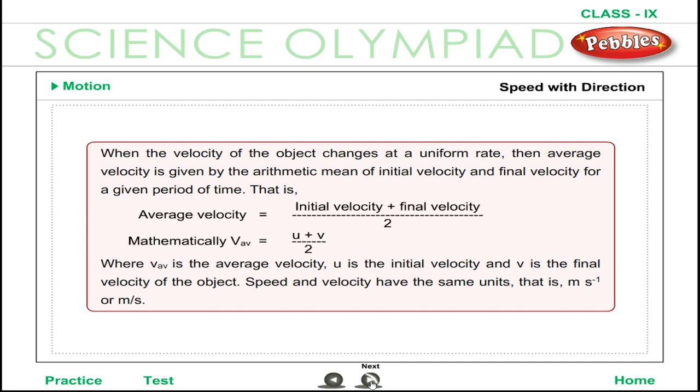Mathematically, V average is equal to (u + v) / 2, where V average is the average velocity, u is the initial velocity, and v is the final velocity of the object. Speed and velocity have the same units, that is m s^-1 or m/s.